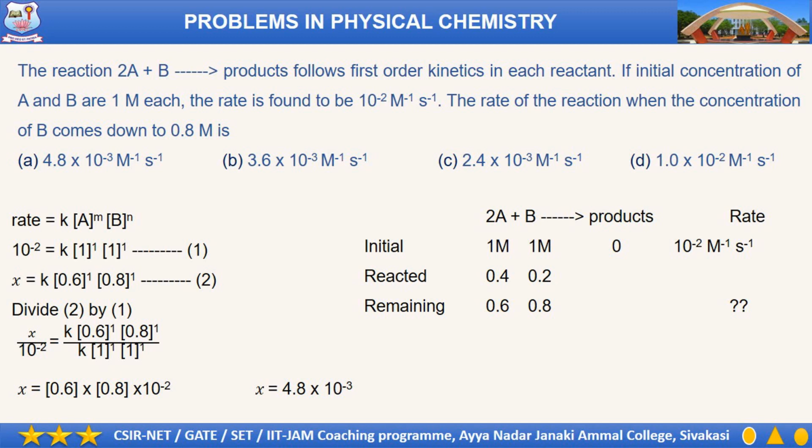The rate of the reaction when the concentration of B comes down to 0.8 molar is: option A, 4.8 into 10 power minus 3 per molar per second.